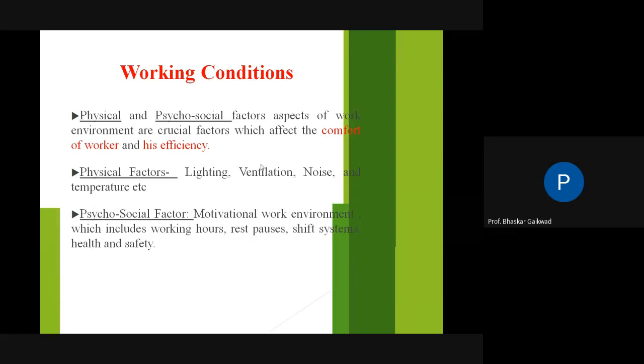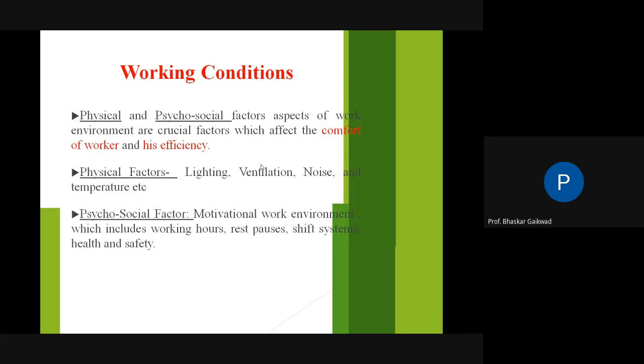So physical and psychosocial factors need to be considered while designing the working conditions, so that the worker will feel comfortable and the efficiency of working will improve. Physical factors: there should be light at the working place, ventilation should be good, noise should not be there, excess temperature and heat should not be there. Otherwise, irritation will be there.